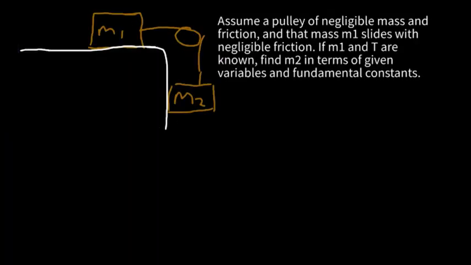Alright, so here's our second problem, and we want to find m2. So the first thing that we should do is define a positive direction, and let's just do that in the direction of motion. So this will be our positive direction here. Now the next step would be to sum the forces acting on m2.